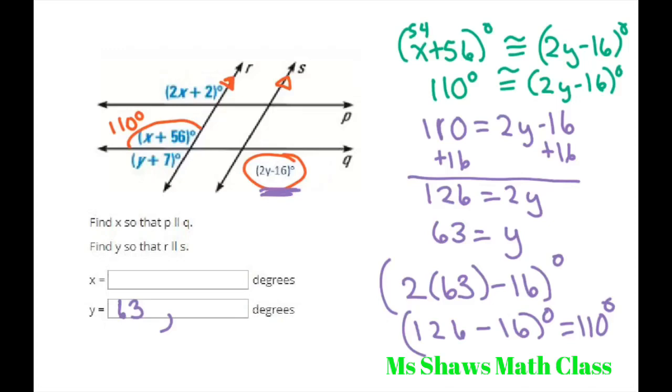So that should be 110 degrees in these corners here. And this angle here, if you plug in 63, 63 plus 7 is 70 degrees. And if you notice, these two angles should add up to 180, and they do.